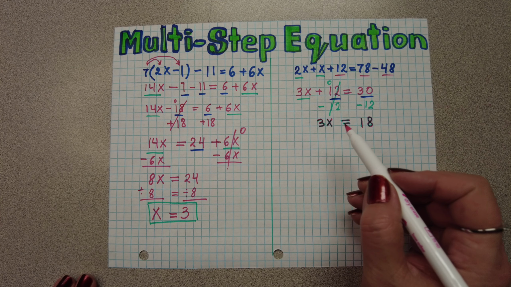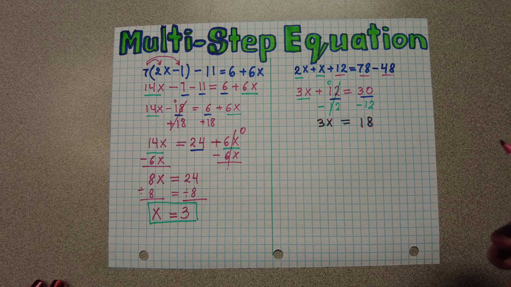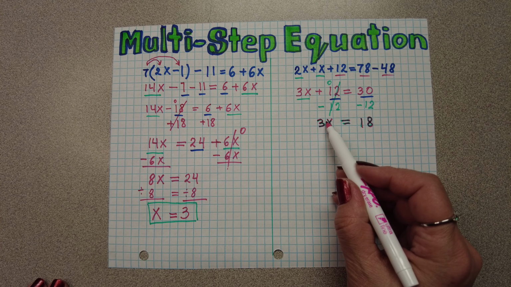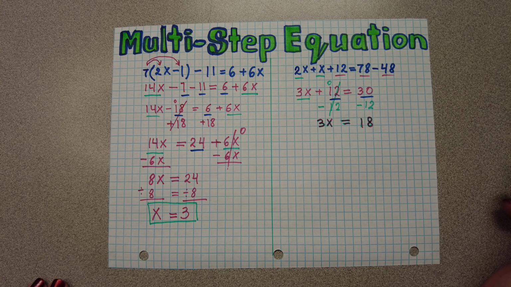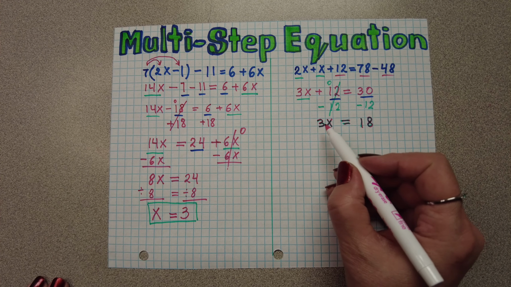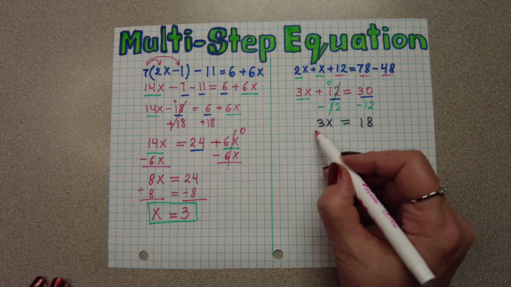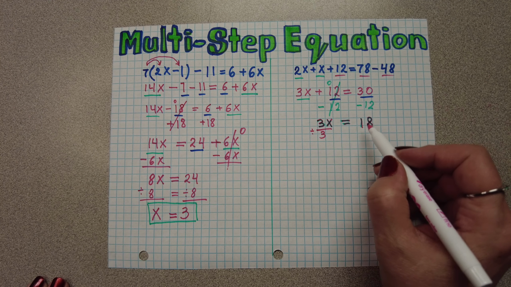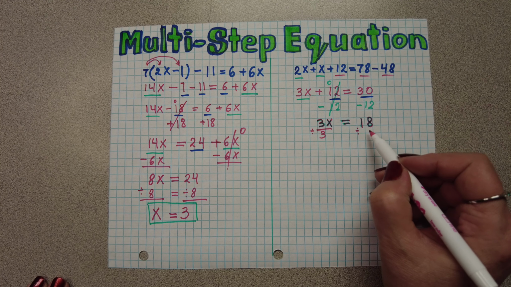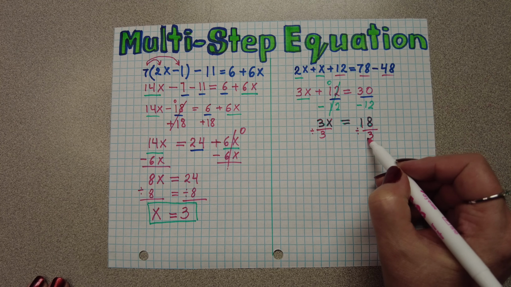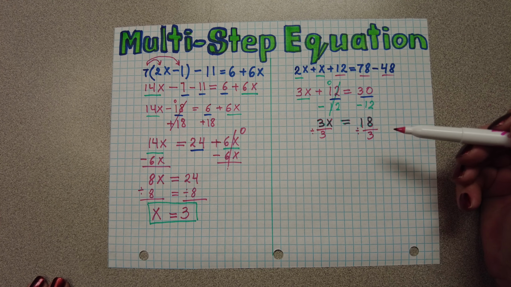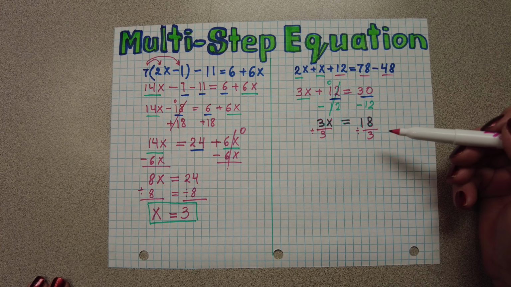We're almost at the end. We have to take 3 away so x stays by itself. It's 3 times x. We're gonna divide by 3, so x will stay alone. Both sides, don't forget, we divide both sides. We do the same operation on both sides to keep the balance.